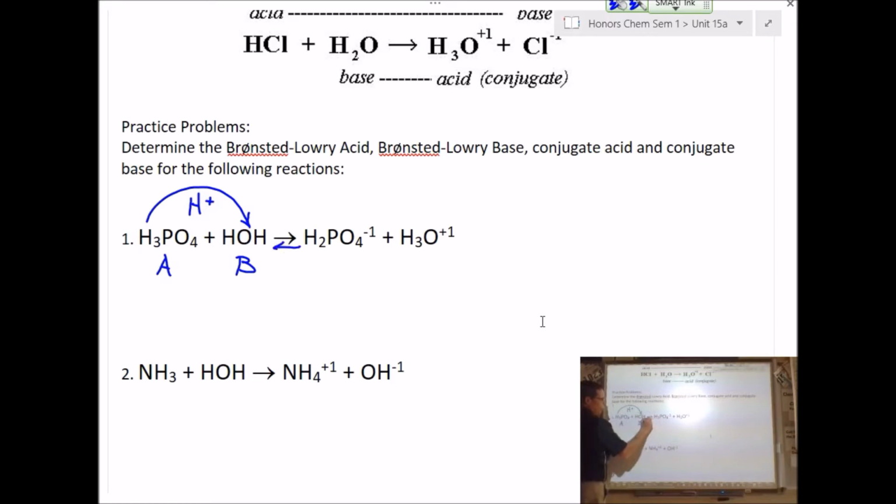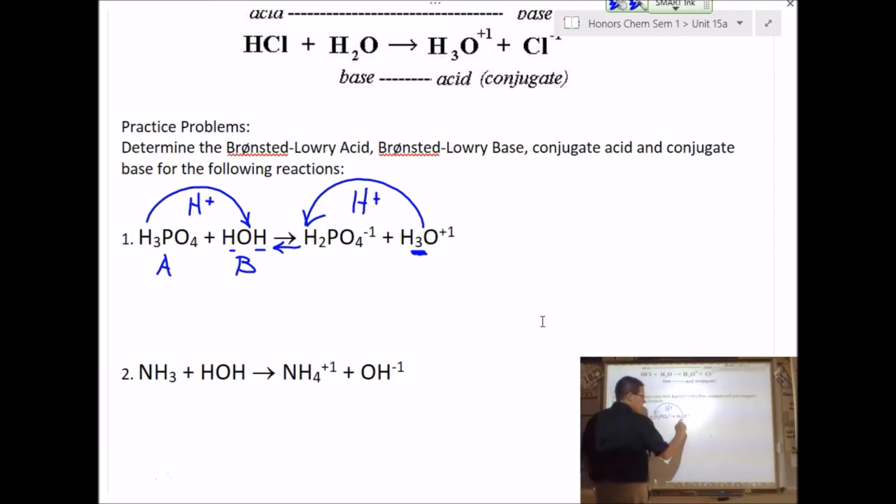If I switch the arrow and I want to go back the other way, what's going to happen? Because for the H3O plus, it has to donate a hydrogen since there's 3 there and there's only 2 here. So H2PO4 would be the conjugate base. So that would have answered our question, where this is our conjugate acid.